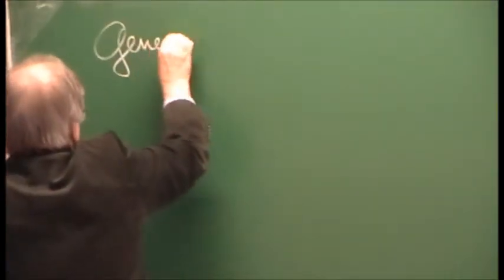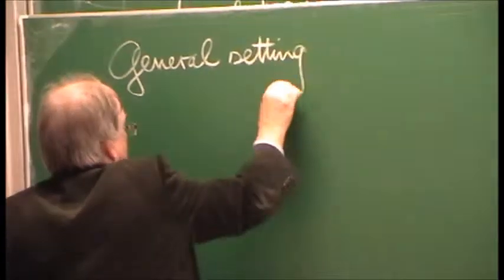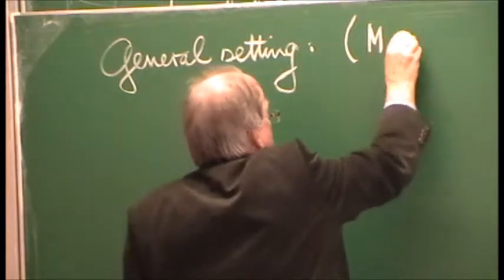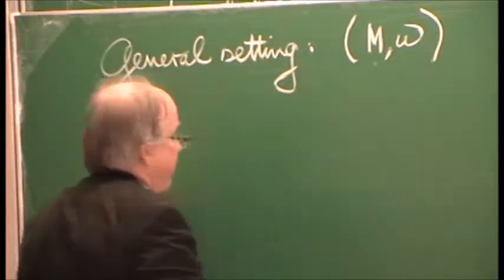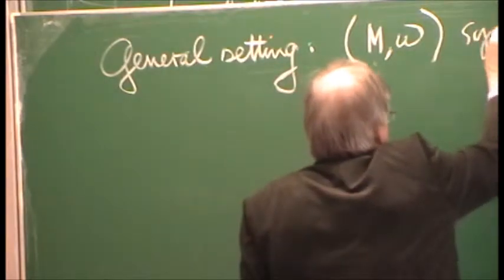So the general setting, so we can start fresh, M omega. Okay, this M is now a manifold. This other M was a matrix. M omega is a symplectic manifold.